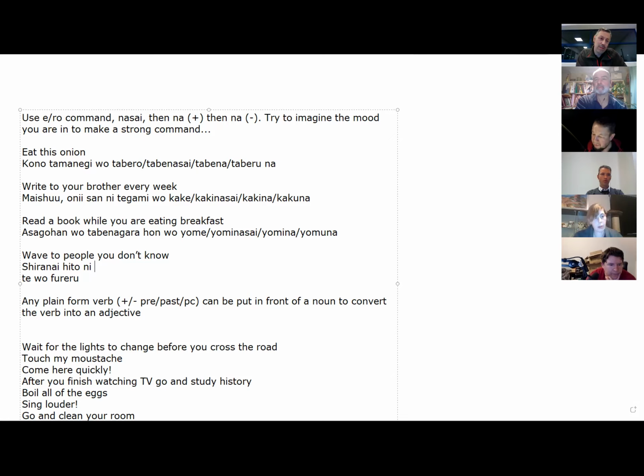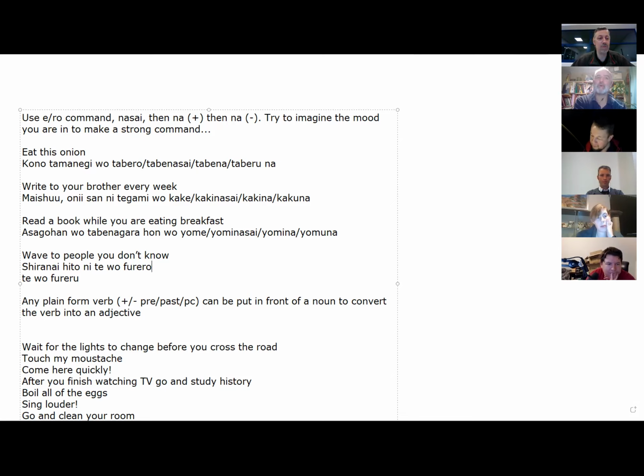And the e form is te o furere. So this is a group 2. So the strongest imperative would be, furiously checking your notes, furete.